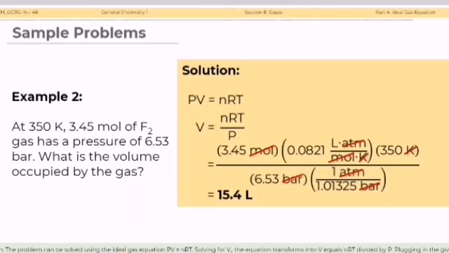The pressure must be converted to atmosphere for proper cancellation of units to leave the unit liters. Since 1 atmosphere is 1.01325 bar, we will multiply 6.53 bar by the conversion factor of 1 atmosphere divided by 1.01325 bar. Canceling the units and simplifying, we get 15.4 liters.